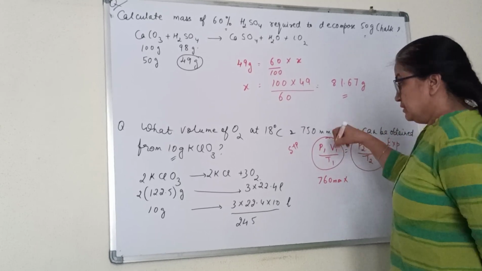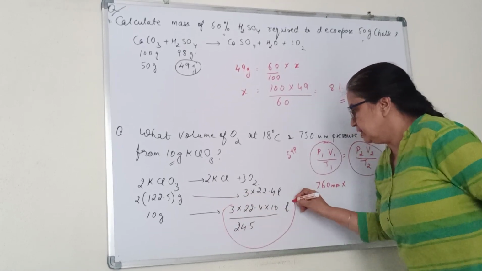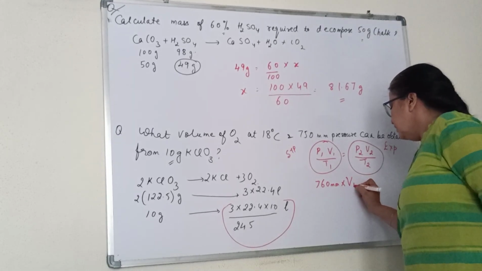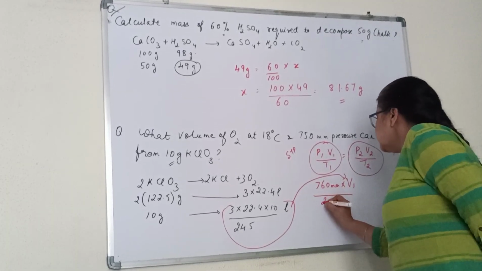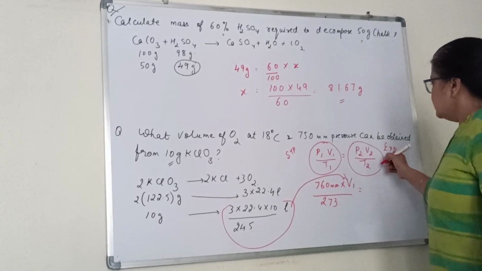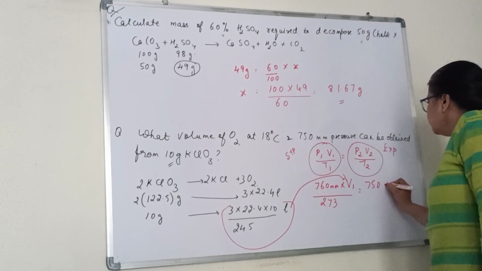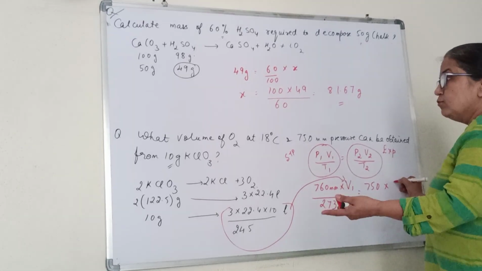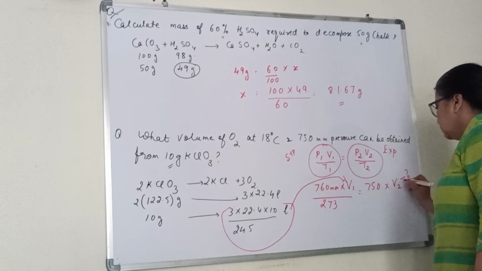The standard volume is what we are going to solve; I am not solving it here, you can solve it on your own. Whatever you get as V1 we substitute here, divided by the standard temperature 273, is equal to the experimental pressure 750 multiplied by the experimental volume. This V2 we have to find out.